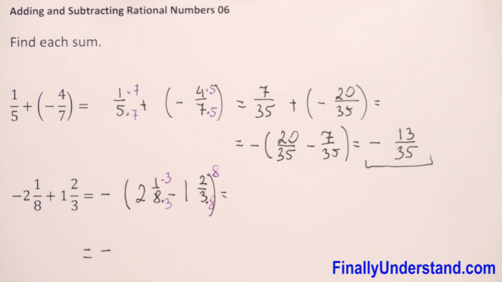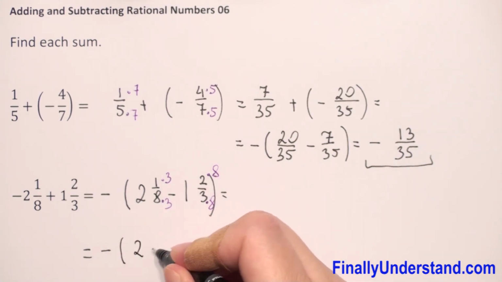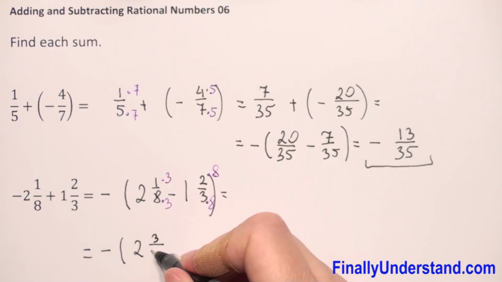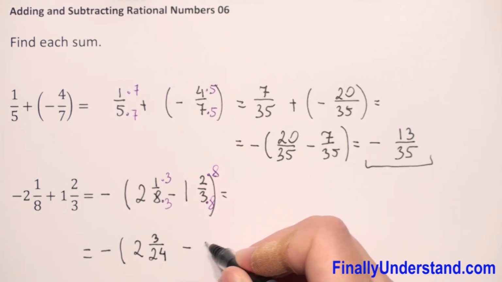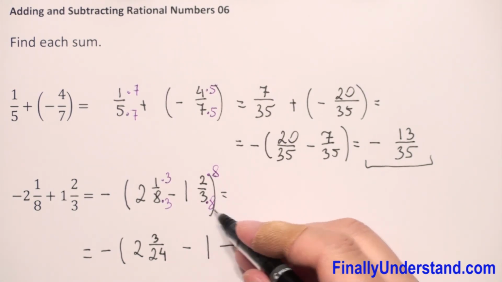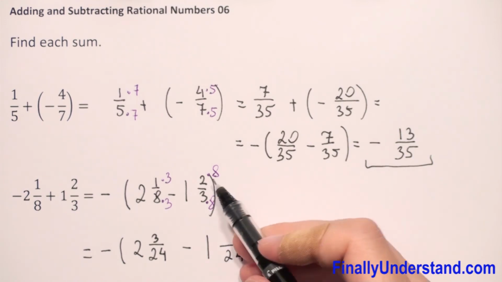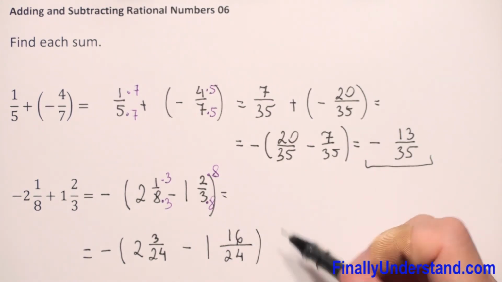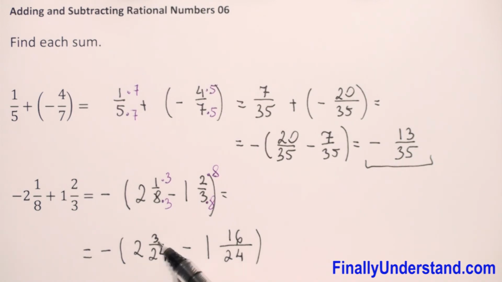And now, in parentheses, we will have 2, 1 times 3 is 3, 8 times 3 is 24. Minus 1, and we have 3 times 8 is 24, 2 times 8 is 16. So now we have to subtract from 2 and 3 over 24, 1 and 16 over 24.